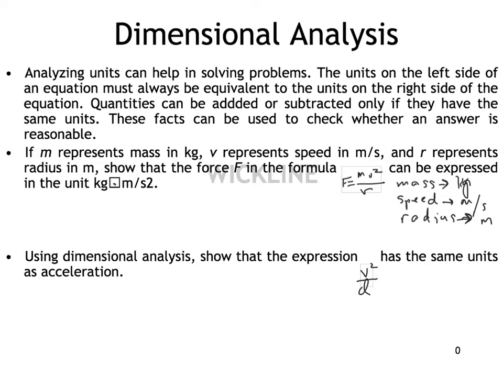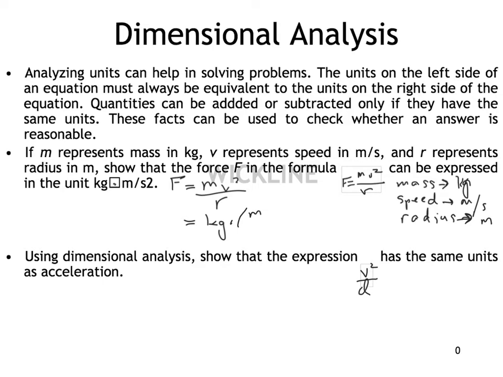So just for clarity, I'll start out with my original equation, which is F equals mv squared over r, and the m is going to be kilograms this time. I'm filling in the unit for mass, not the quantity. V is going to be meters per second this time.